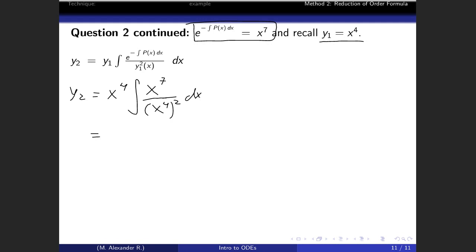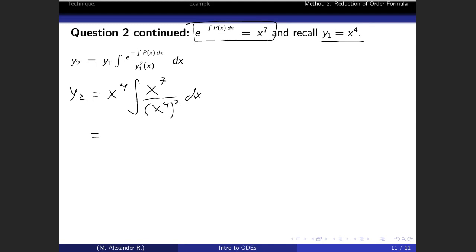Here is one point where I need to emphasize that the x to the 4 is outside the integral. You cannot push it inside. And also you cannot push the x to the 7 outside the integral. You cannot move functions. Numbers you can. If you had just a number, then you can push it in or out of the integral.